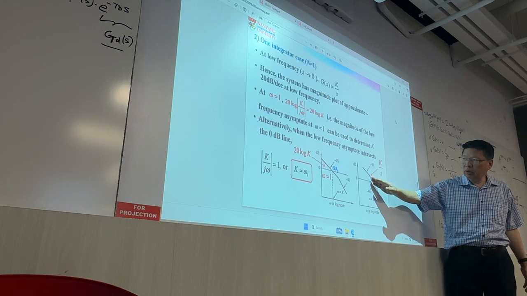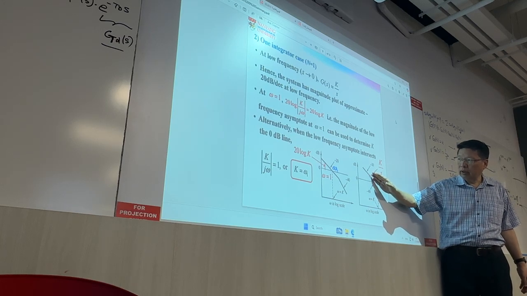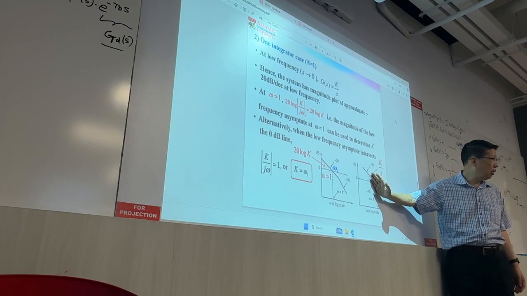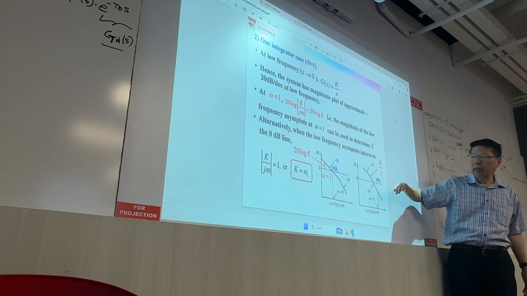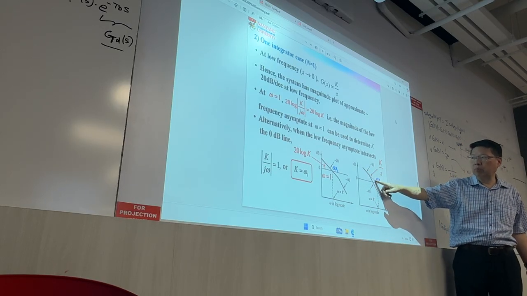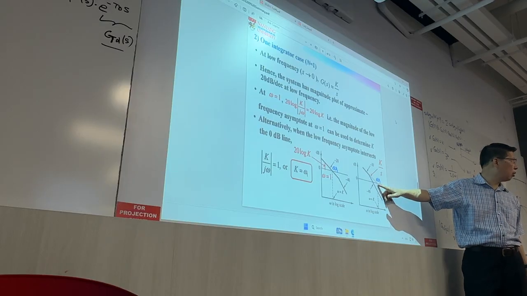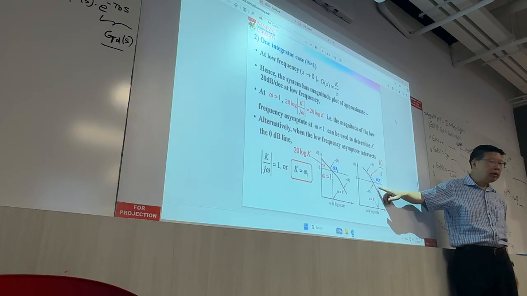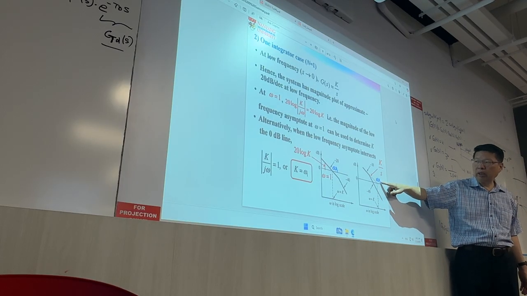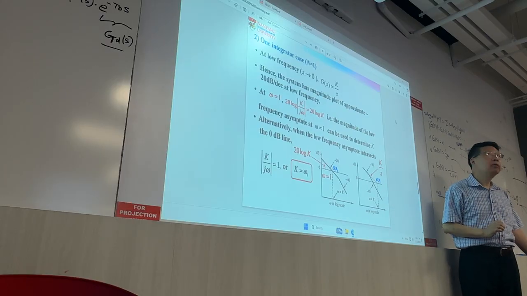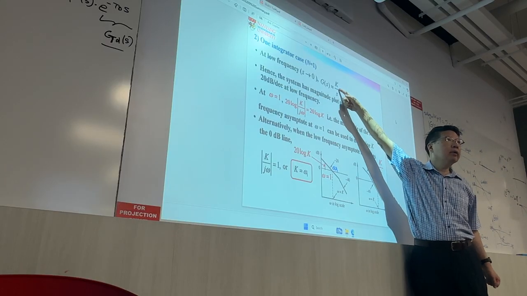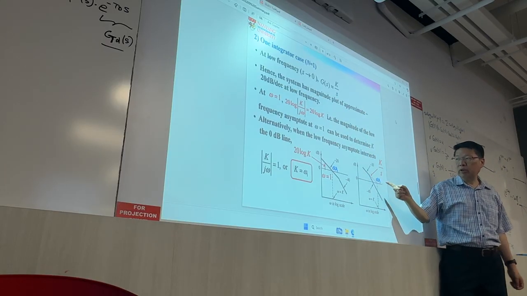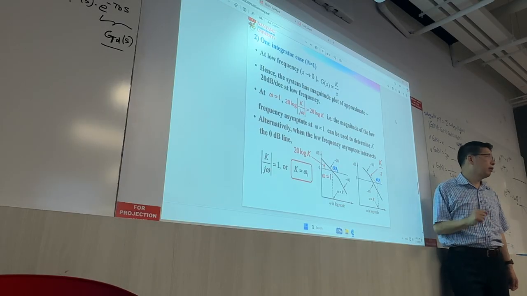If there's a corner frequency before it hits the 0 decibel, such as this bend here or bend up, then you just extend the left portion until you hit the 0 decibel. And then this value will be omega 1, that is the K value. So this one is very easy to identify.